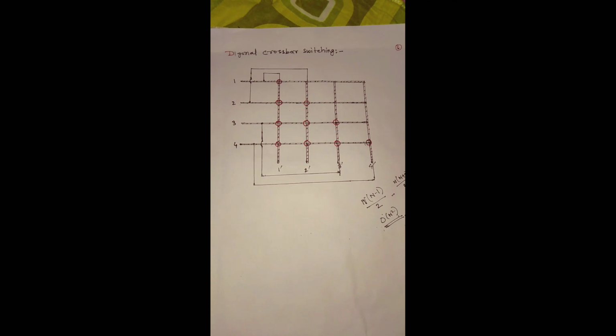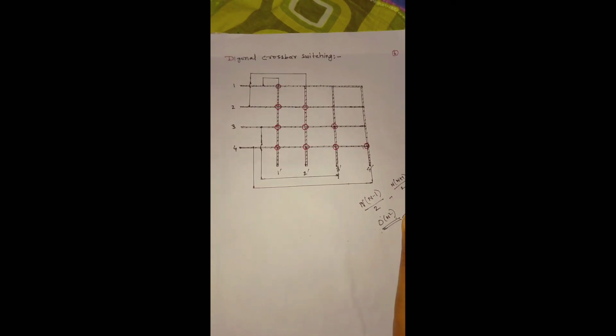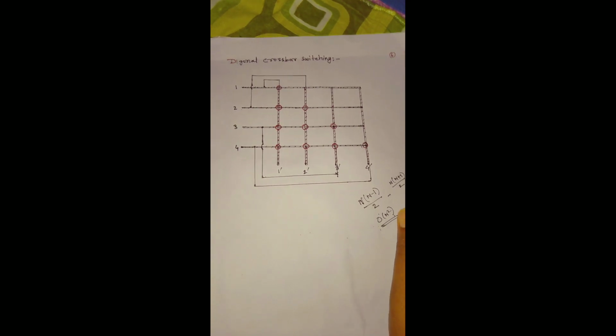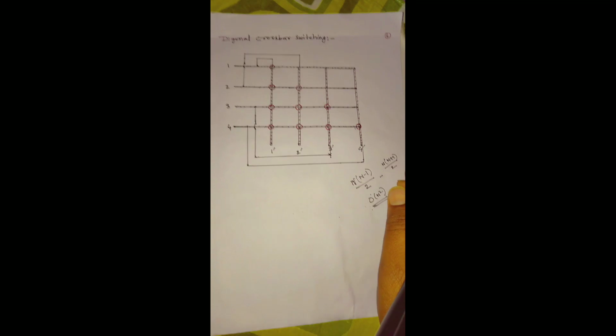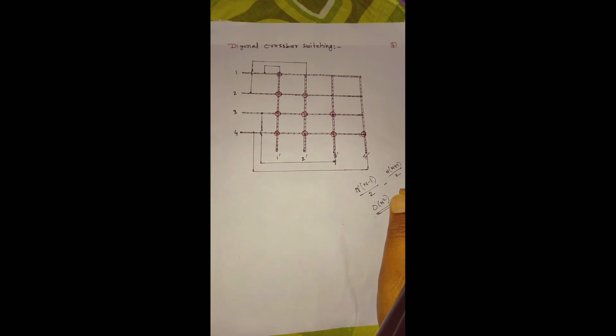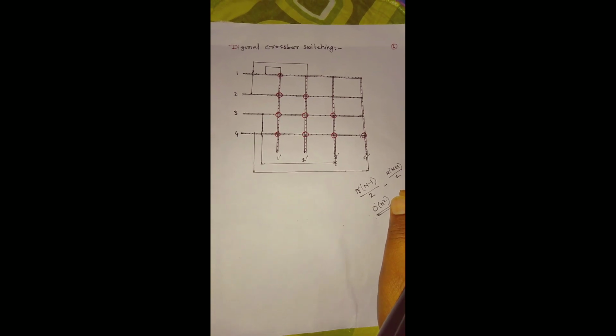Again, this kind of switching is not efficient. So better we should go for some kind of stored program concept, that means digital kind of switching. And with the advent of computers and microprocessors, this will become very easy.